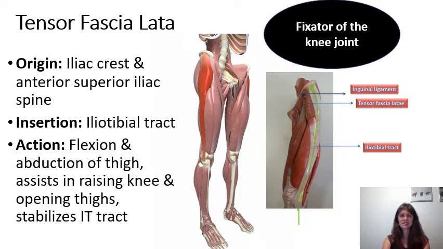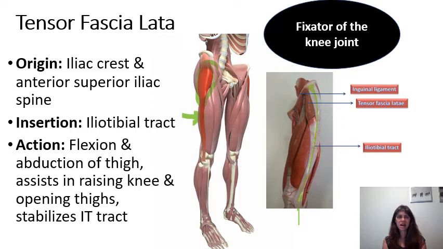Tensor fascia lata is this muscle here. On this picture on the left, they've extended the iliotibial tract as a red line that goes down towards the tibia. However, the picture on the right of the model is actually more accurate. Tensor fascia lata is singular. If we wanted to include both sides of the body, we would say tensor fasciae latae, adding an E to both the word fascia and lata.